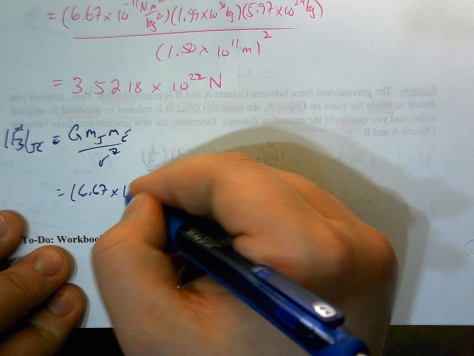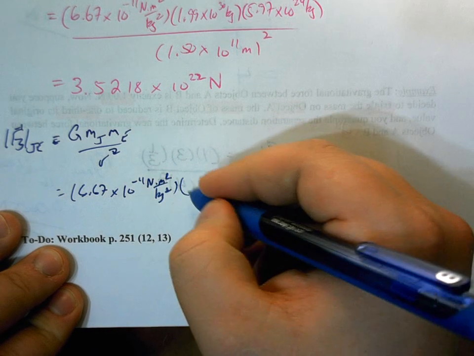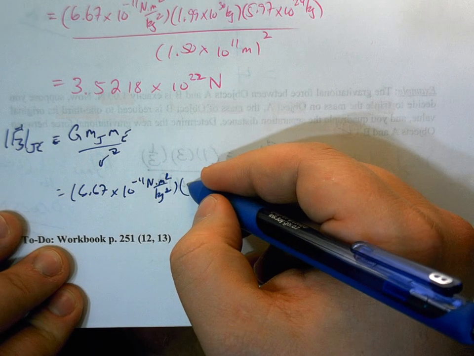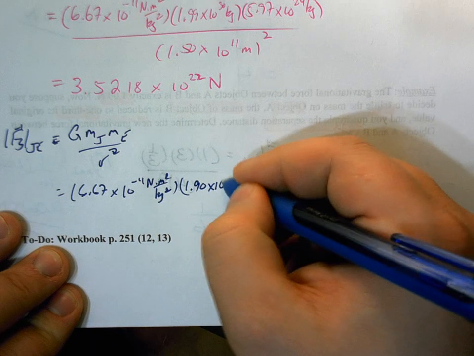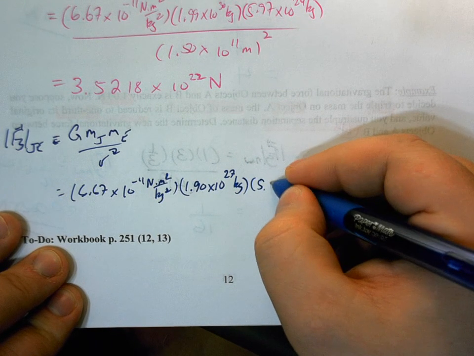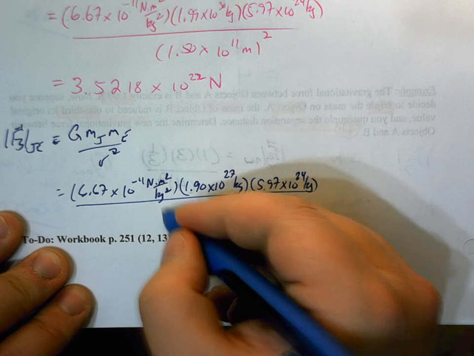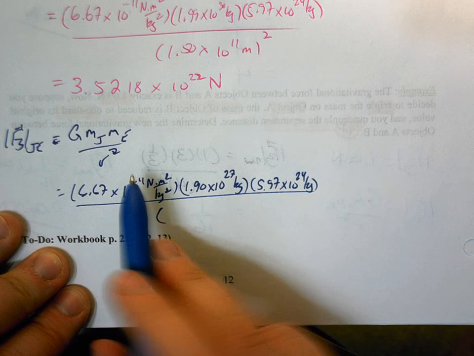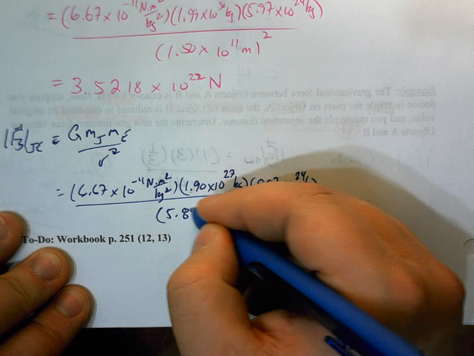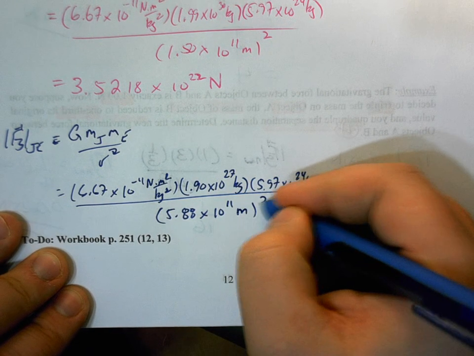So once again, we're going to put in all these numbers. We have a lot going on here. So the mass of Jupiter, we're told it's 1.90 times 10 to the 27 kilos. We want the mass of the Earth here. And then we're going to divide that by the distance between the Earth and Jupiter, which is provided in the data table. So we get 5.88 times 10 to the 11 meters, and then we're going to square that.